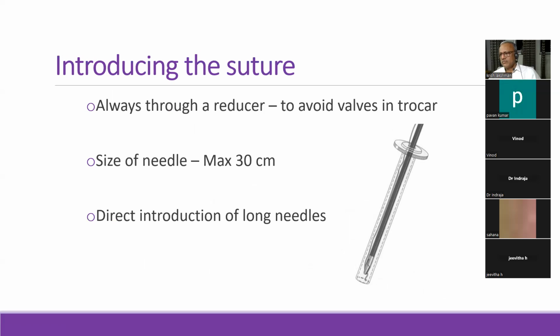And if you have a 10 mm port, it doesn't take anything more than 30. The side 30, it should read 30 mm. Okay, this is a typo. It doesn't take more than a 30 mm needle. 25 is even better. And sometimes, if you have straight needles or if you have a 45 centimeter needle, you can straighten it and put it directly into the abdomen.